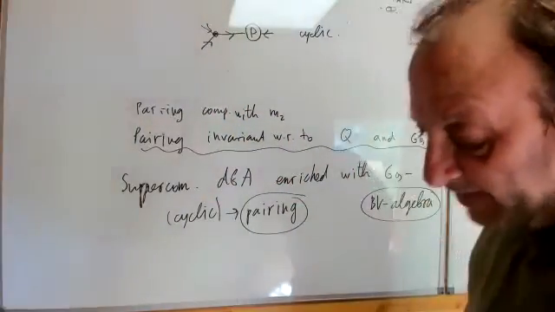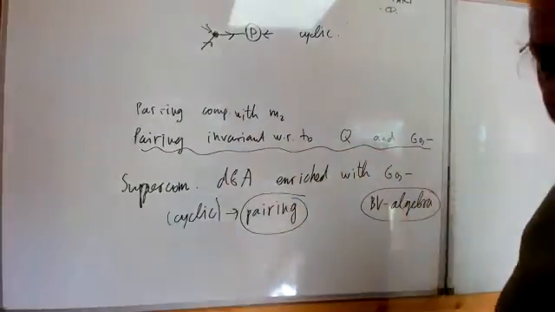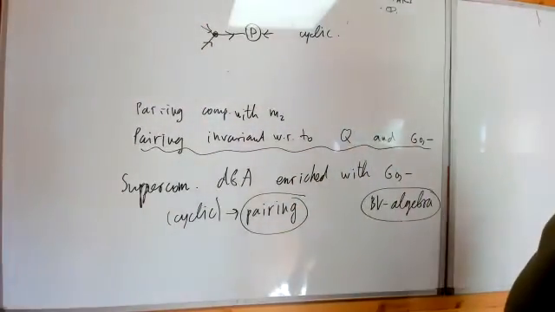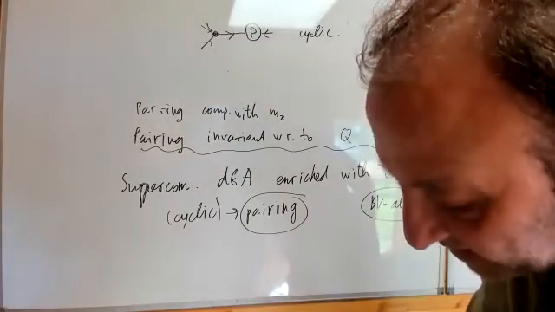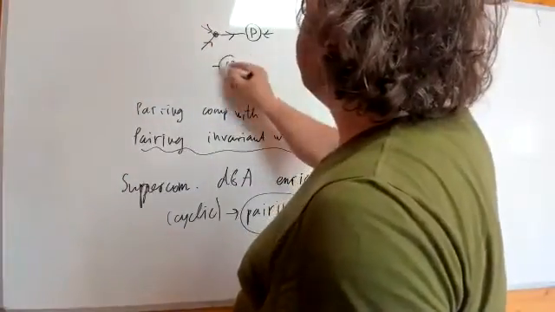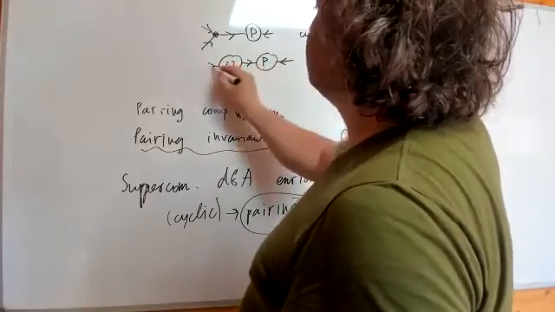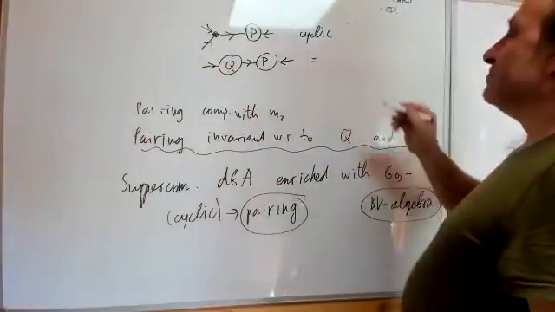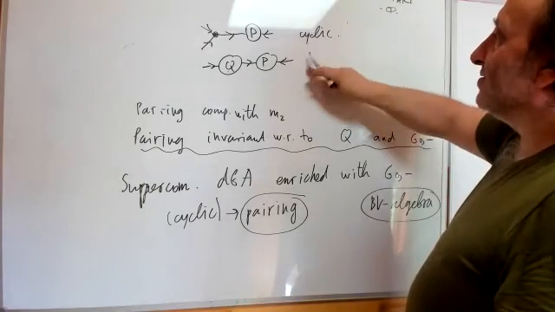So yes, it's enough. So it is the cyclic structure on the DGA, yes. So they should be cyclic too.